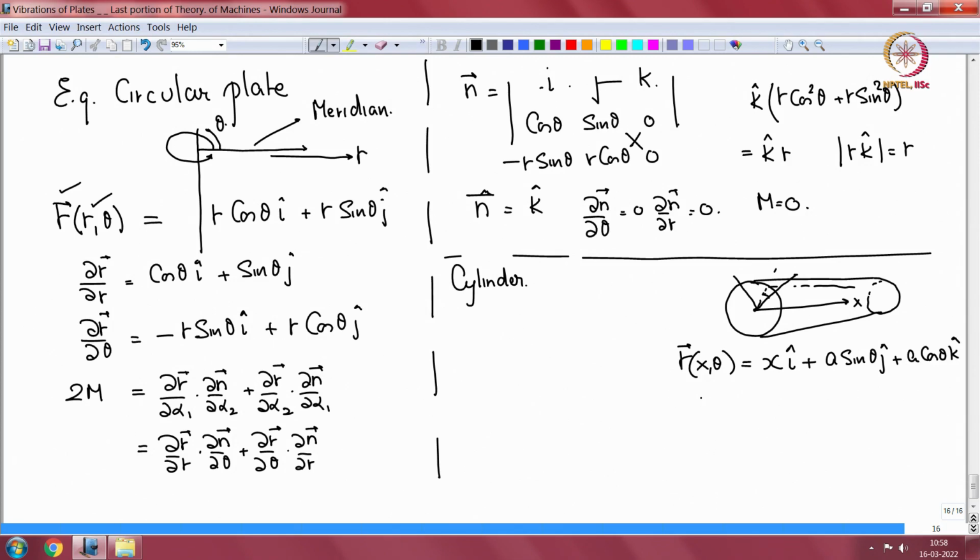Okay, then a1 was equal to 1 and a2 was equal to a.